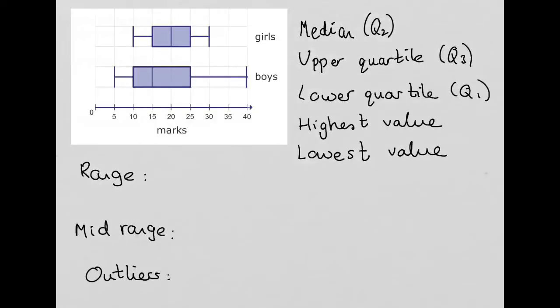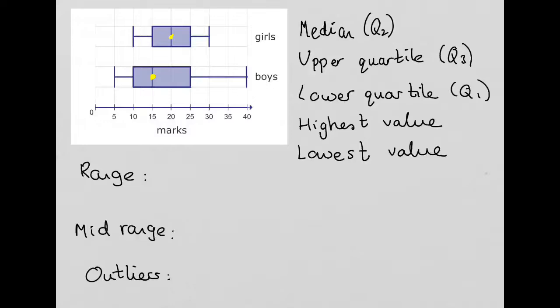So the first thing we're going to do is just look at a box plot and just have a quick recap of what all the points are. So we've got the median here, also called Q2. I'm going to mark on each of the box plots for girls and for boys where the median is. So median is here for the girls and the boys is that one there. It's a line that goes through the box.